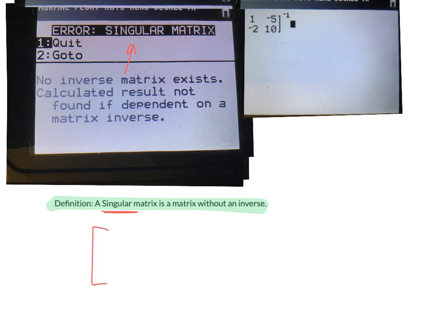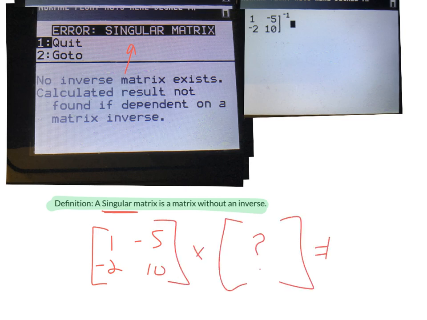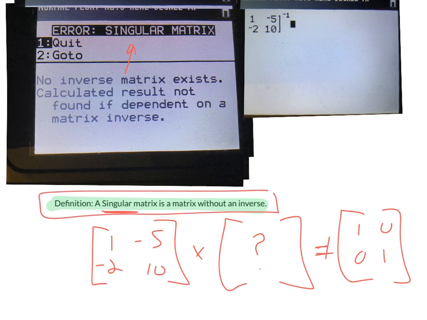There is no matrix that, if I multiply it by this one, will give me the identity. So not every matrix has an inverse. Matrices without an inverse are called singular matrices. Now what I want you to do is work on the remaining problems for this assignment.